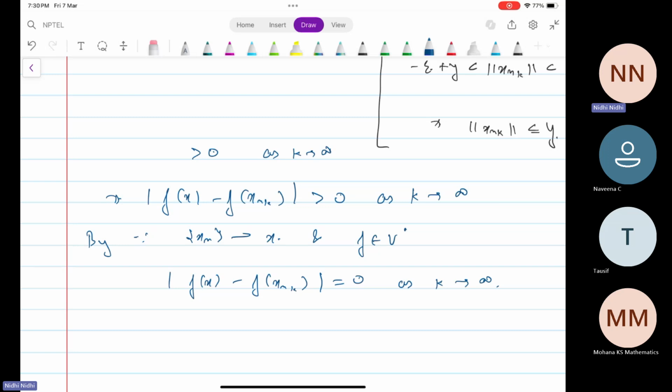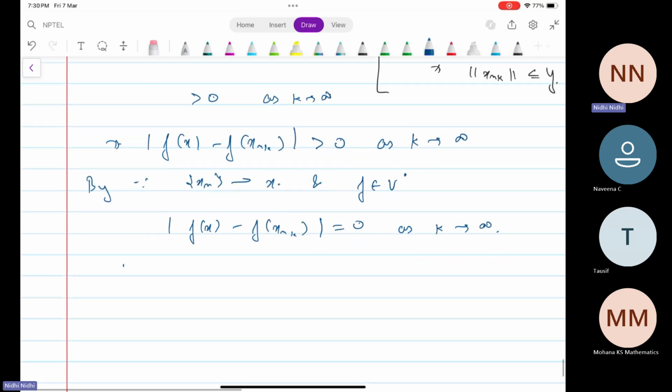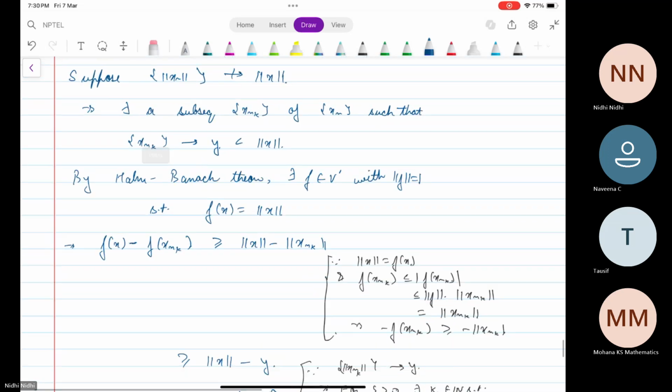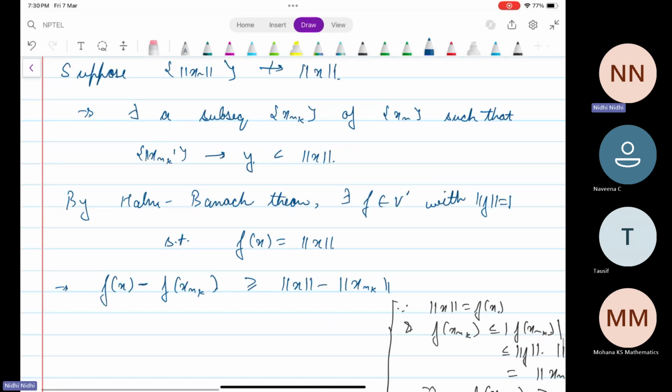Now that gives us a contradiction. Therefore, by contradiction, norm xn should converge to norm x.